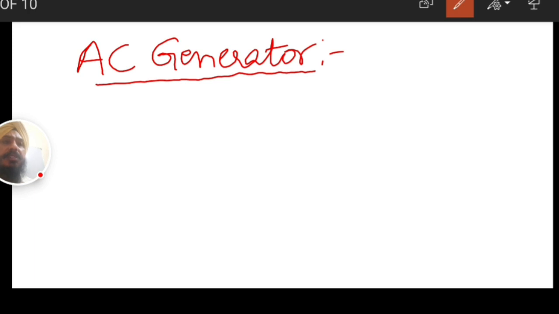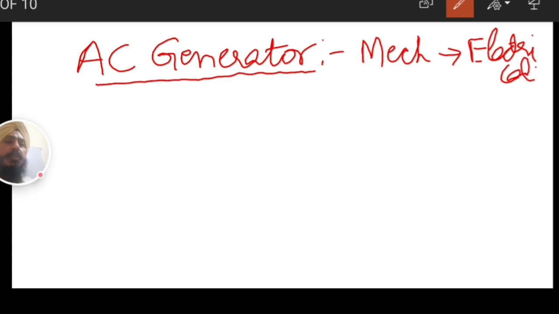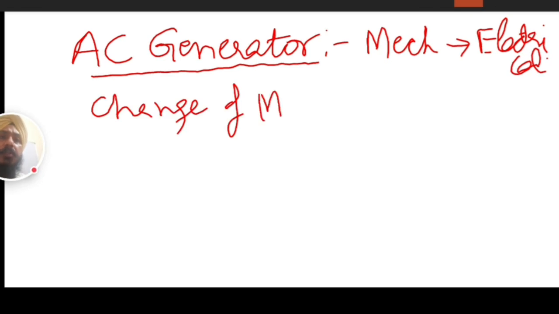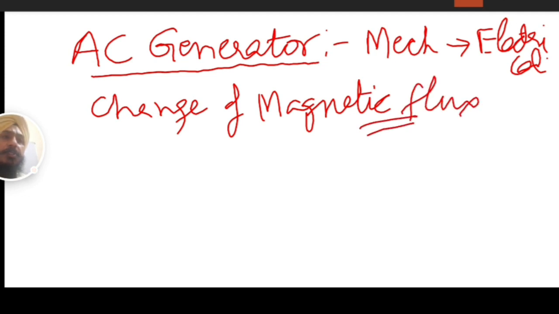It is a device which converts mechanical energy to electrical energy. By moving the coil, change of magnetic flux takes place. With the magnetic flux changing, we get induced EMF produced in the coil.